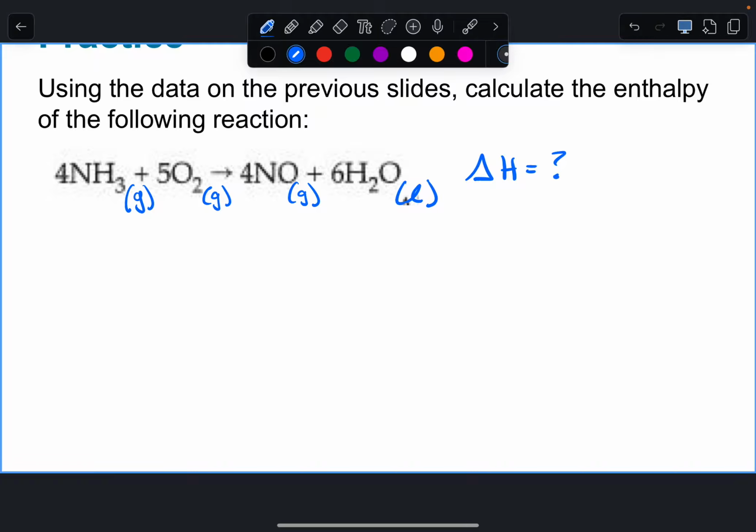Okay, so I'll write it out symbolically and then come back and plug in numbers while you guys are working.